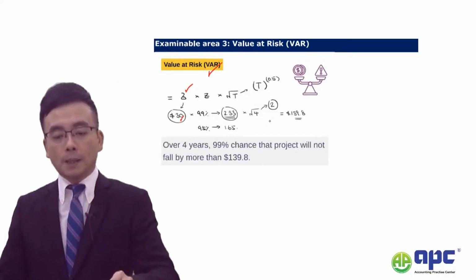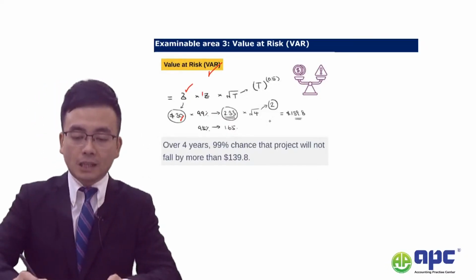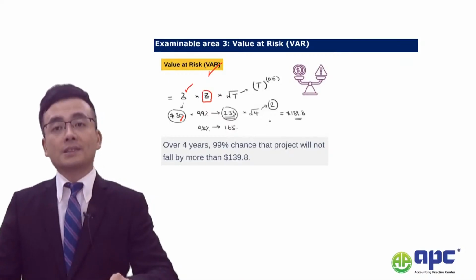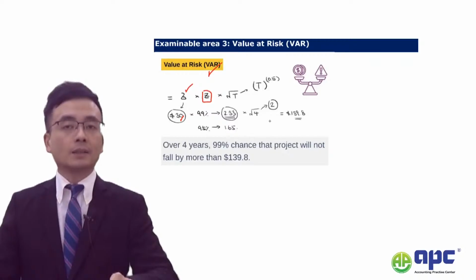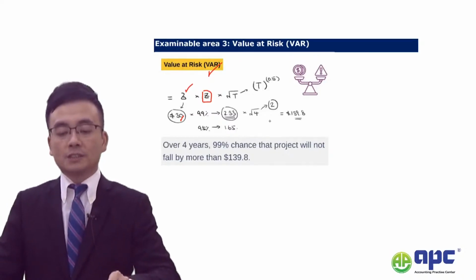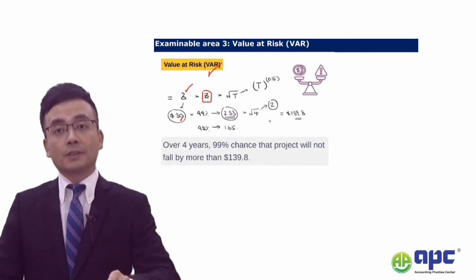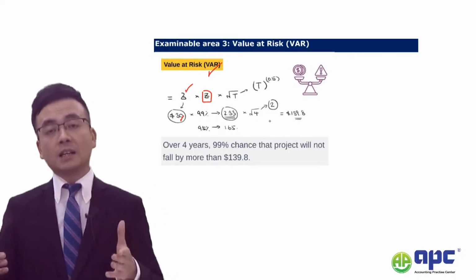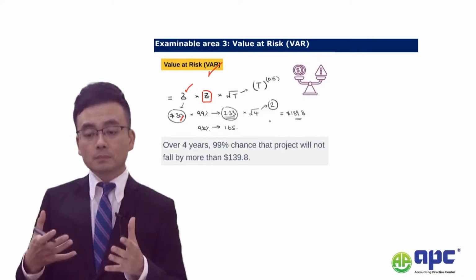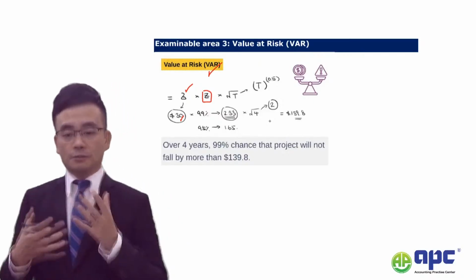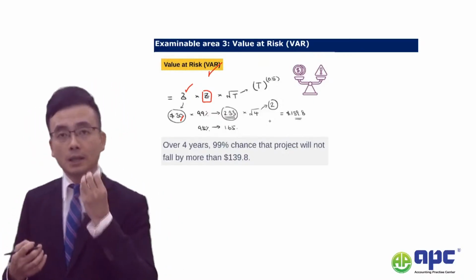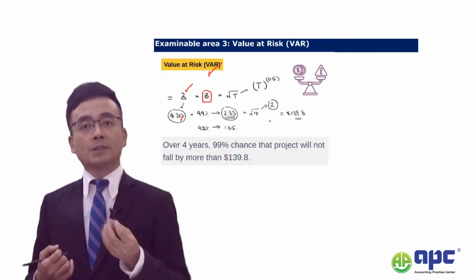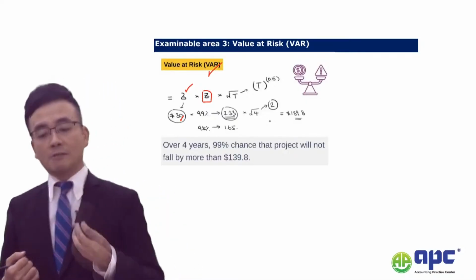And then we're timing by the number of standard deviations, and we call it Z. This will be expressed in the exam as 99% confidence or 95% confidence. But nowadays you are not given the standard normal distribution table, so you cannot find the Z value, but the examining team will give you that Z value directly.